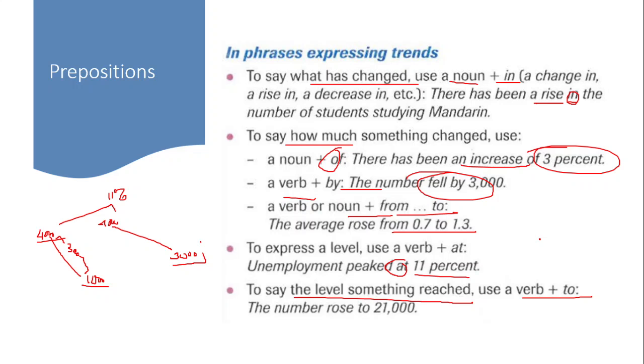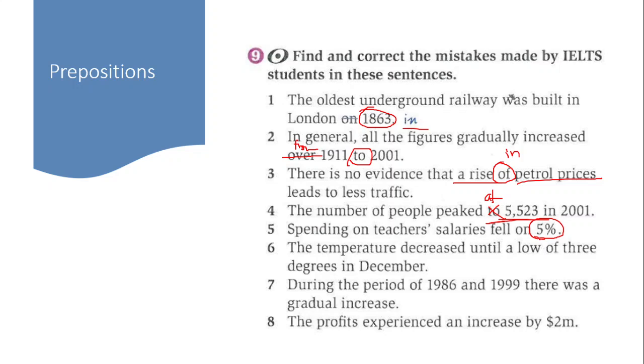No. Yeah, when we talk about the number, we can use of, or we can use to. But because we talk about spending on teachers' salaries, I think the logical one is fell, not fell to, because fell to means that it fell to 5%. It's impossible. That would be very harsh. So we can use fell by 5%.